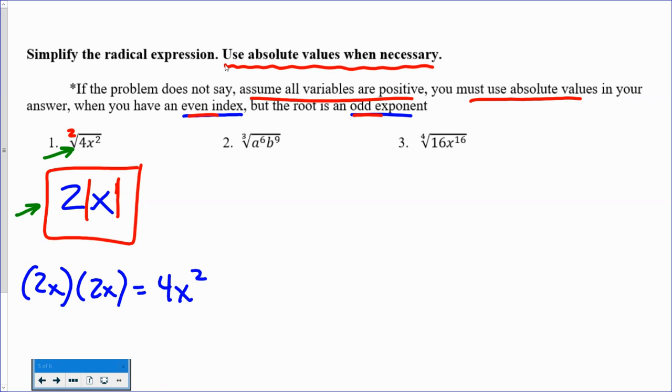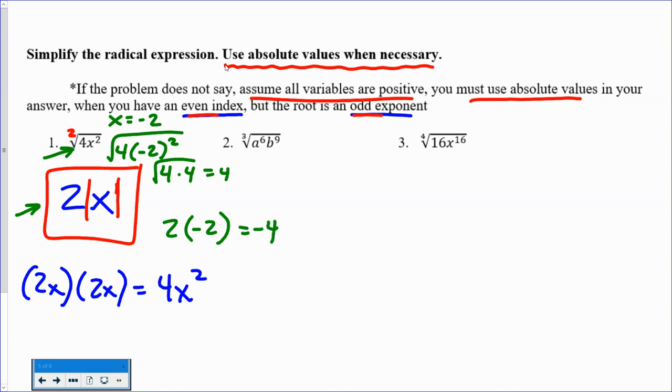So for example, if I said x is -2, and I plug it in here, 4 times -2 squared in the square root. -2 squared is 4. 4 times 4 would be the square root of 16, so I get 4. Okay, if I did not use absolute values, I'd be taking 2 times -2, and I get a -4.